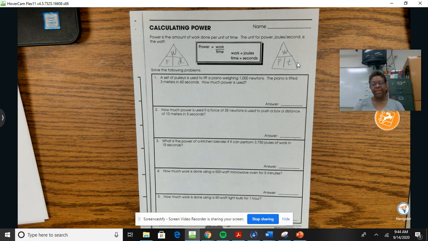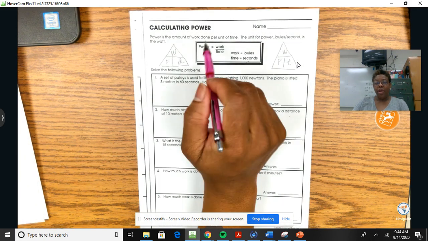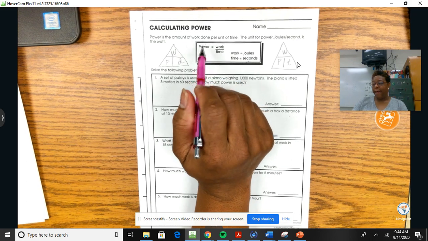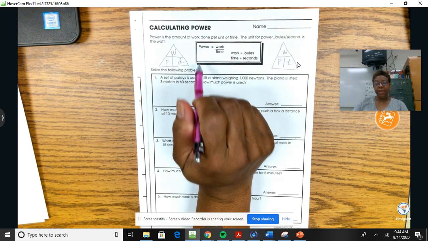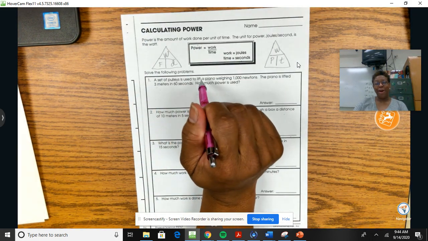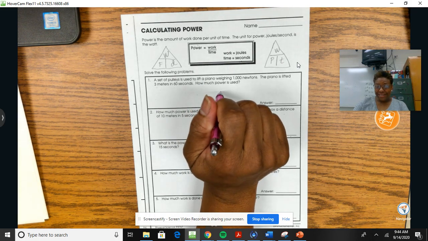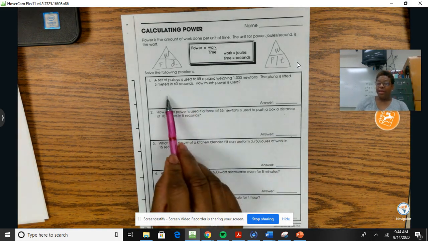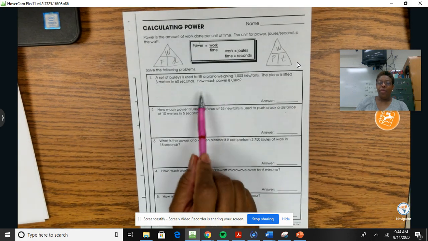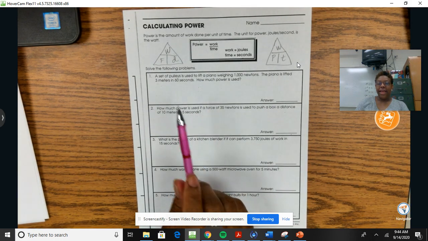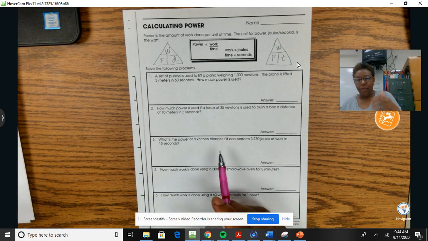I know it's a little tedious and cumbersome, but I promise that it pays dividends in the end. Because right now, you know that this is going to be a power problem because I'm telling you it's going to be a power problem. But on your test, you have to discern based on the information given in the question what type of problem it is and what you need to solve it.